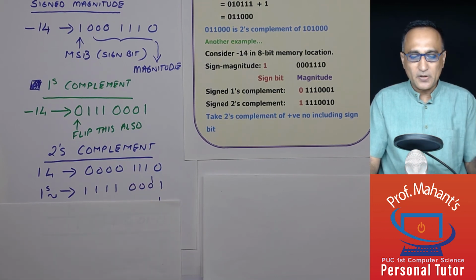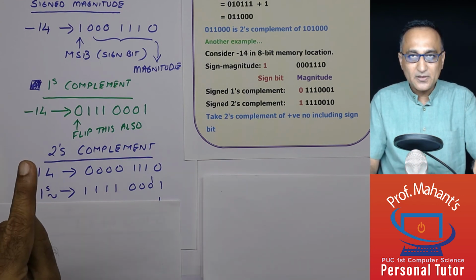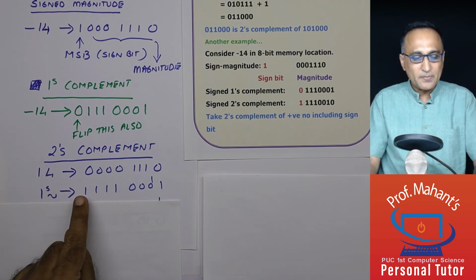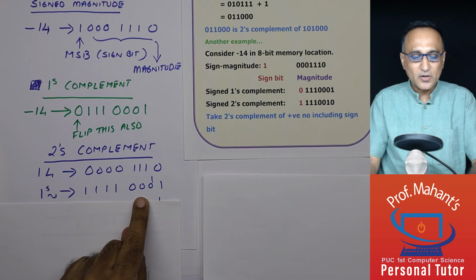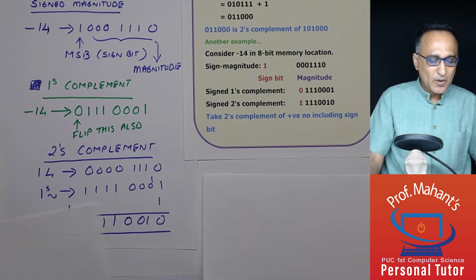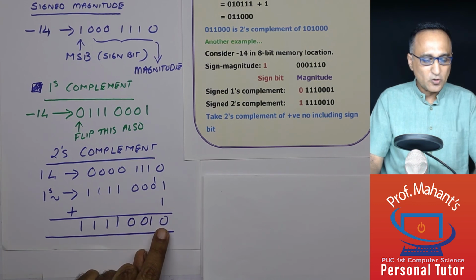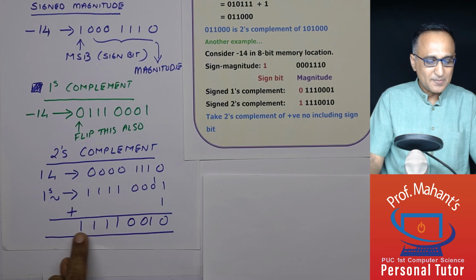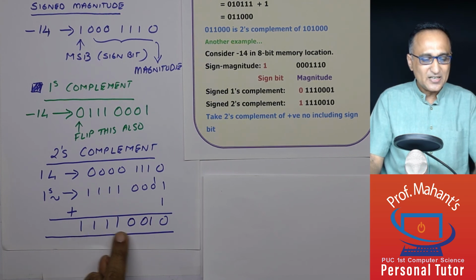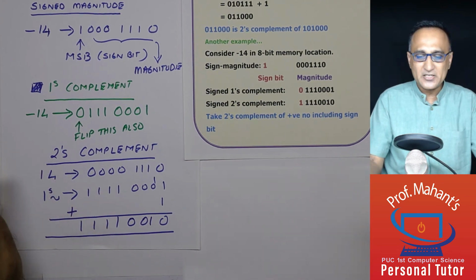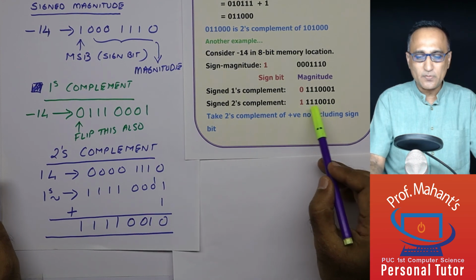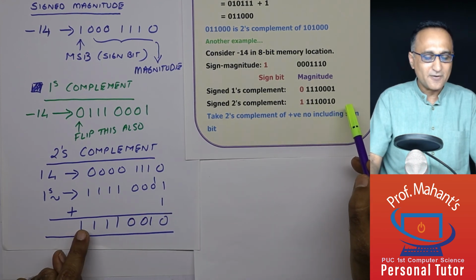So in 2's complement, you take the positive number, find the ones complement of the positive number, and then add 1 to this. Once you add 1, you will see 1 plus 1 is 0 with a carry of 1, 1 plus 0 is 1, and the rest remains as it is. So this is the 2's complement representation of minus 14.